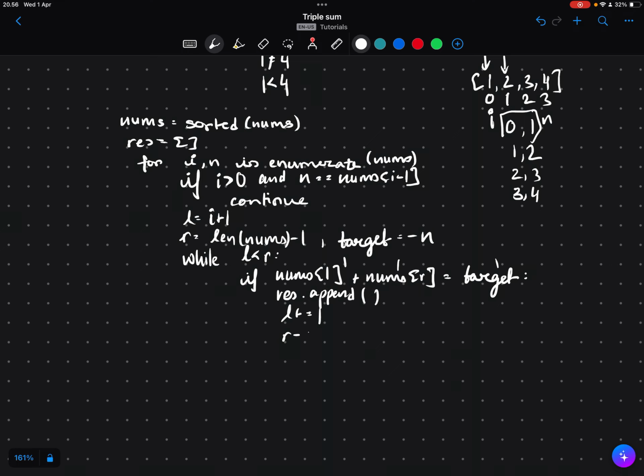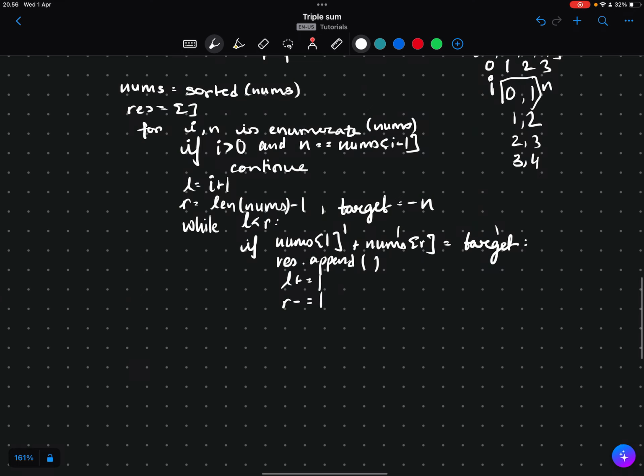And like I said, we'll chop it off. So we'll chop off both the left index and the right index. We'll increase and decrease. Now another way to not consider the same value, we can simply do another check for duplicates.